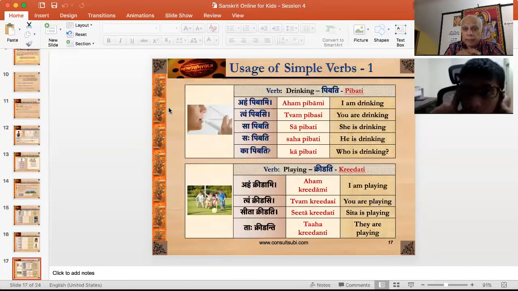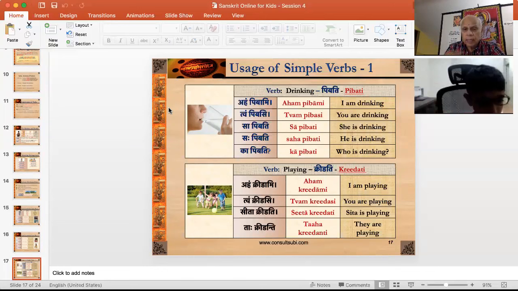Saha pibati. He is drinking. Second person. Ka pibati. Who is drinking? So drinking here in English is same, but in Sanskrit you have the verbs differently. Pibami, pibasi, pibati. You see the difference?